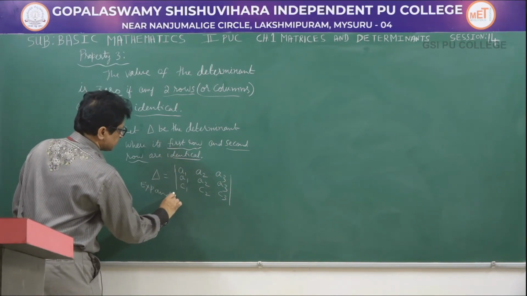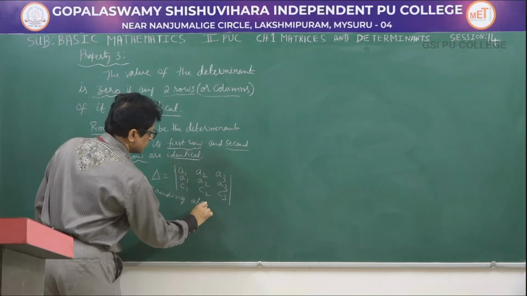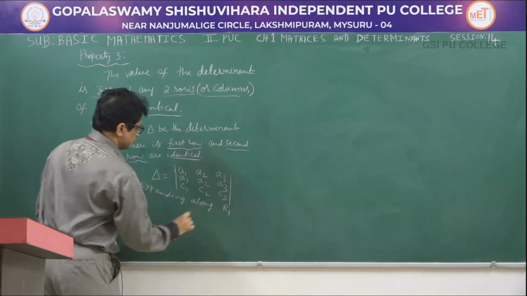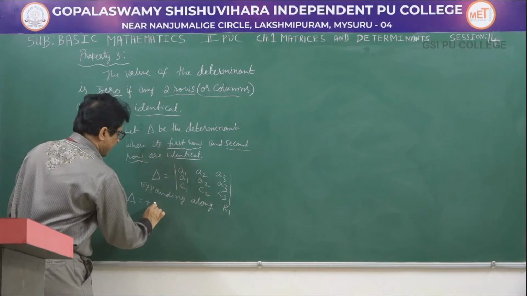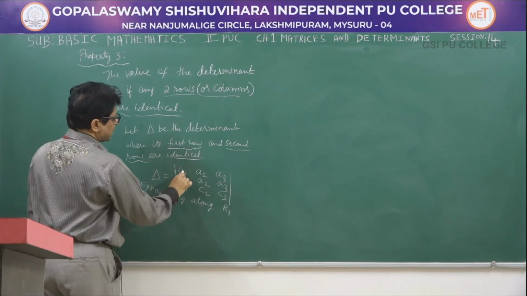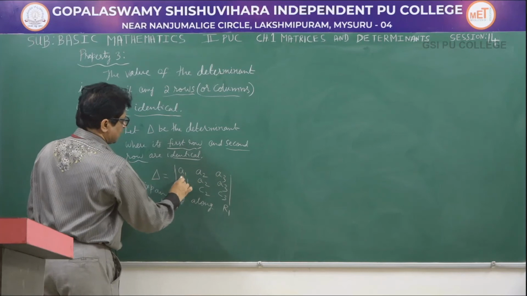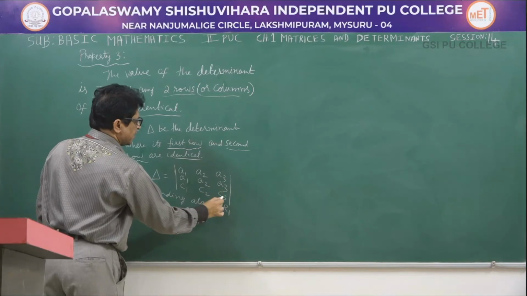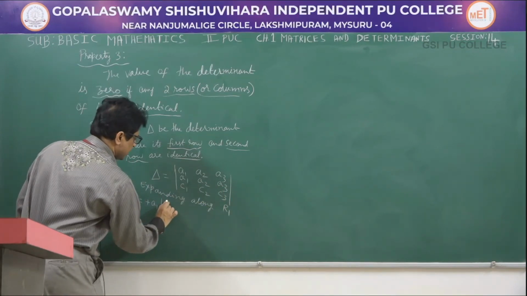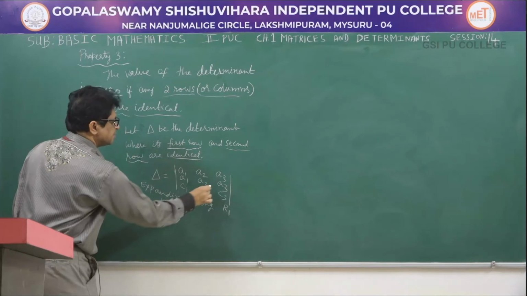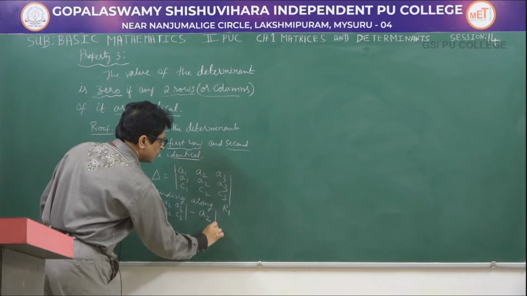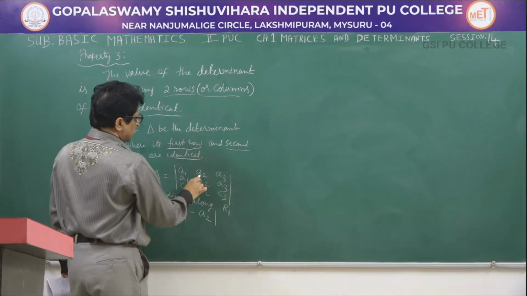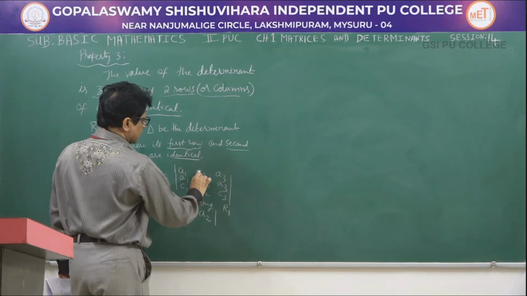Expanding along R1, delta equals, so first let us write plus A1 into, so A1 lies in the first row and first column. We eliminate the first row and first column and take the determinant of the remaining elements. That is determinant of A2, A3, C2, C3 minus A2 into, so A2 lies in the first row, second column.